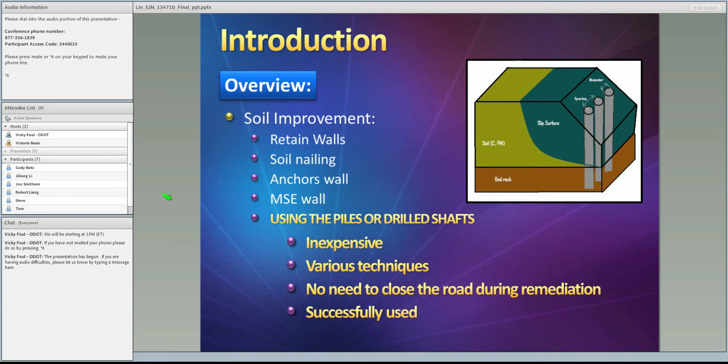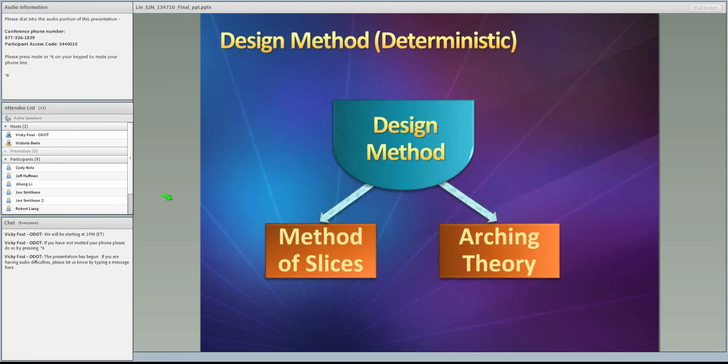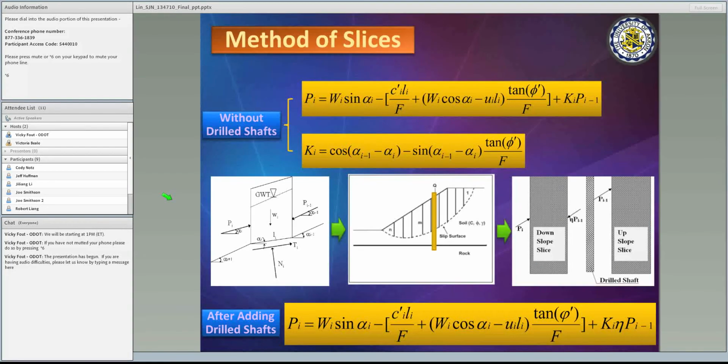So for the design of the drill shaft stabilizing slope, the design methods are basically separated into 2 parts, method of slices and arching theory. For the method of slices, without drill shaft, we can take a limited equilibrium method, using the tangential force equilibrium as well as the normal force equilibrium.